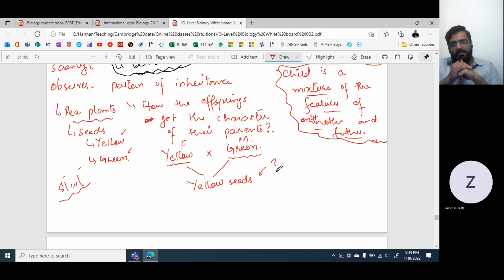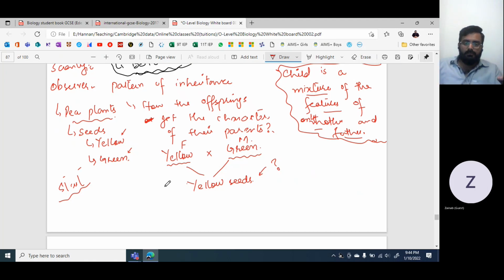There is no mixture here. The yellow was crossed with the green, and when they produced offspring, all the plants which were born produced yellow seeds. A bit of confusion is here. There is a problem. So, okay, then Mendel very intelligently started another experiment.